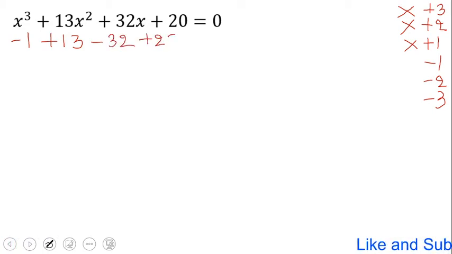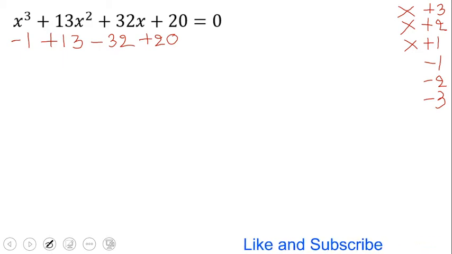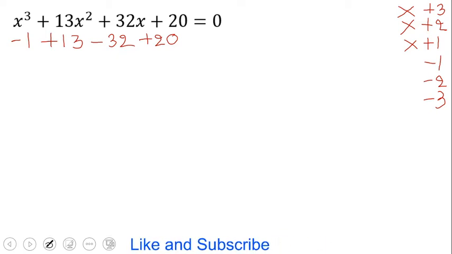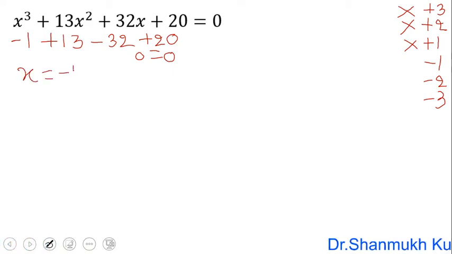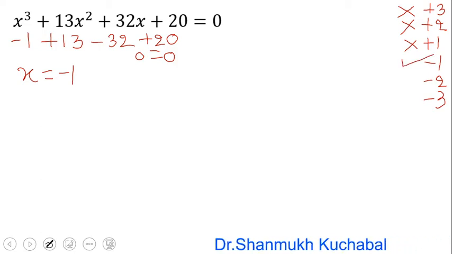If we simplify, minus 1 plus 13 minus 32 plus 20, we are going to get 0. So 0 equal to 0, therefore it is one of the roots. So x equal to minus 1 is one root here.